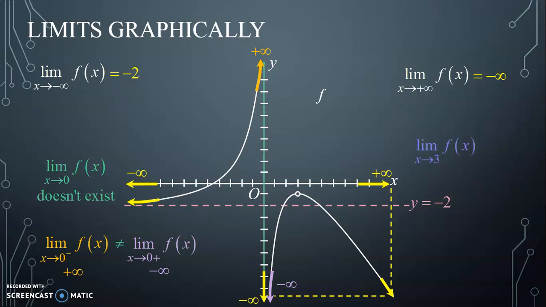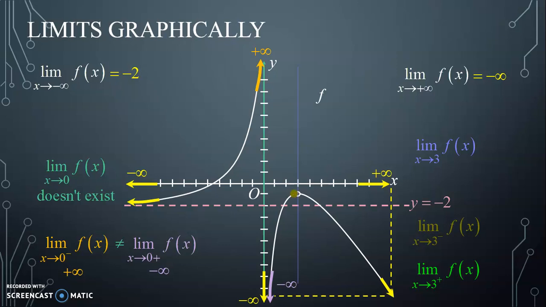Now let's look at the limit when x is approaching 3 of f of x. In order to make sense of the left and right of x equals 3, let us draw the vertical line at x equals 3. So again, we need to look at the limit to the left of 3 and the limit to the right of 3 of f of x.